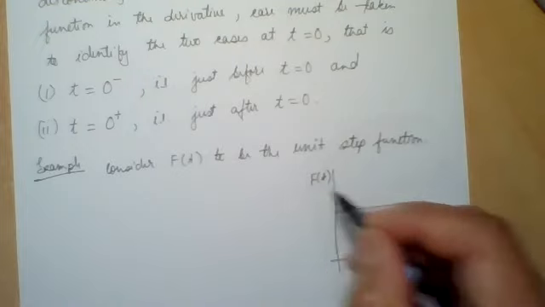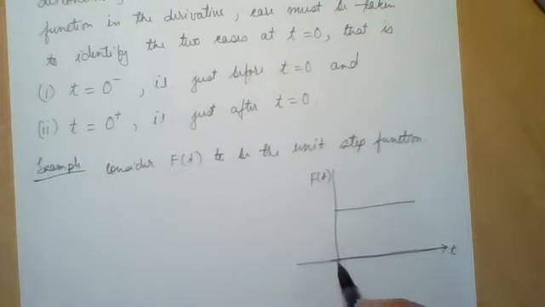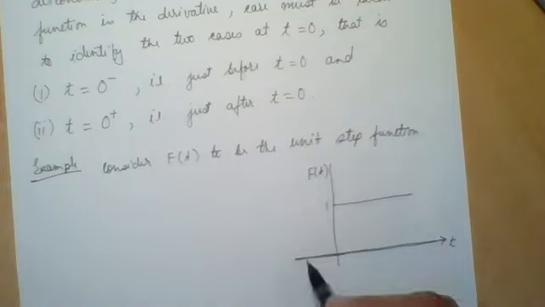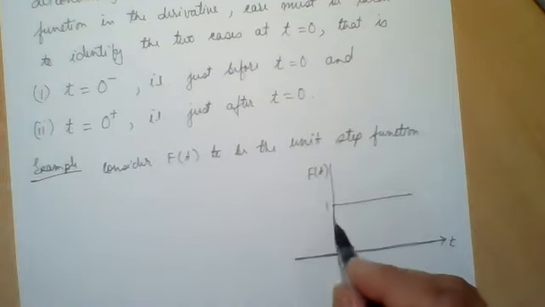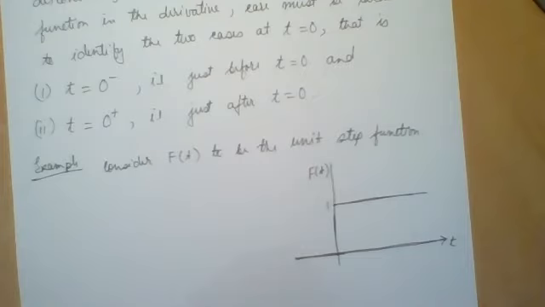This is f of t, this is t. For all values of t less than 0, the function is 0, and for all values of t greater than 0, the function is 1. Here we have a finite discontinuity at the origin.